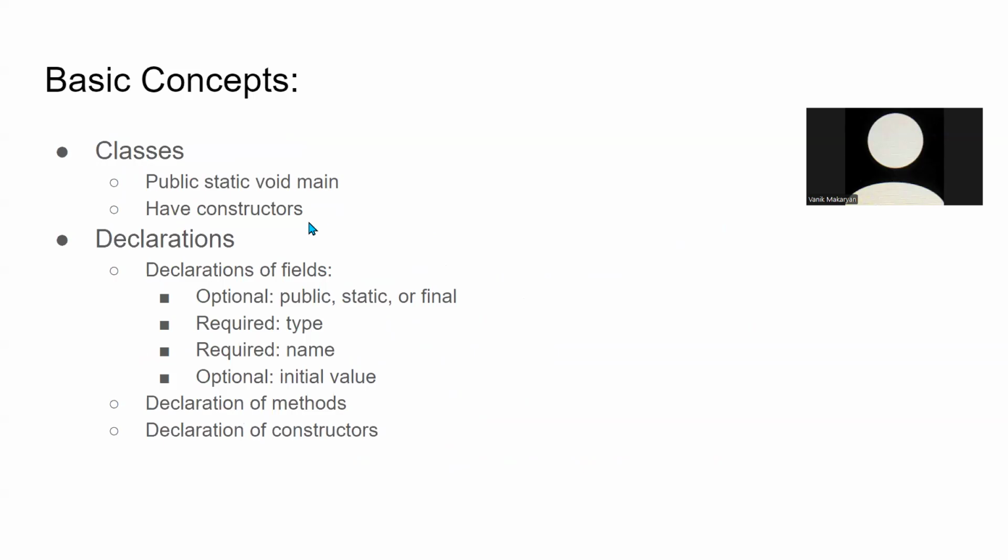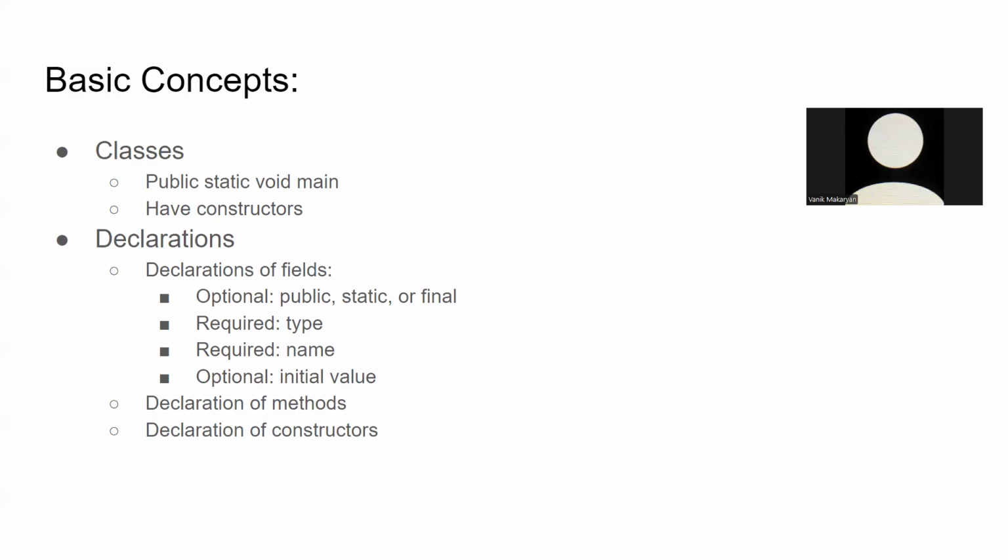Classes have special methods which are called constructors, and we'll talk about that more in a minute. They also have fields, and fields can have optional attributes such as public, static, and final. All fields have a type, a name, and an optional initial value, okay? It's good to keep this list of properties in your mind when you're thinking about what a class is.